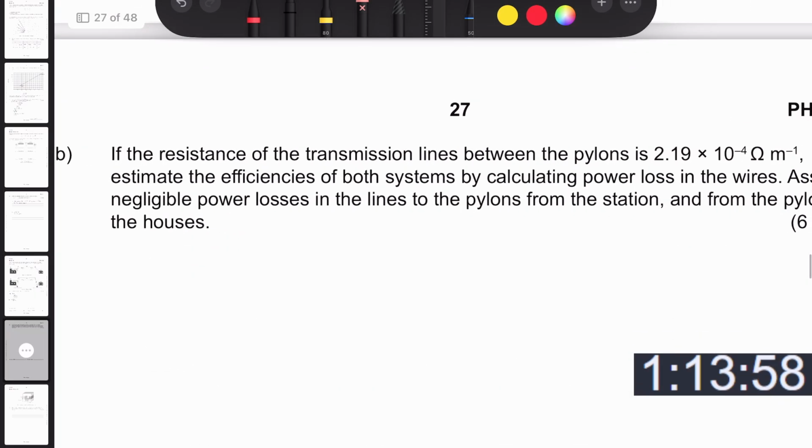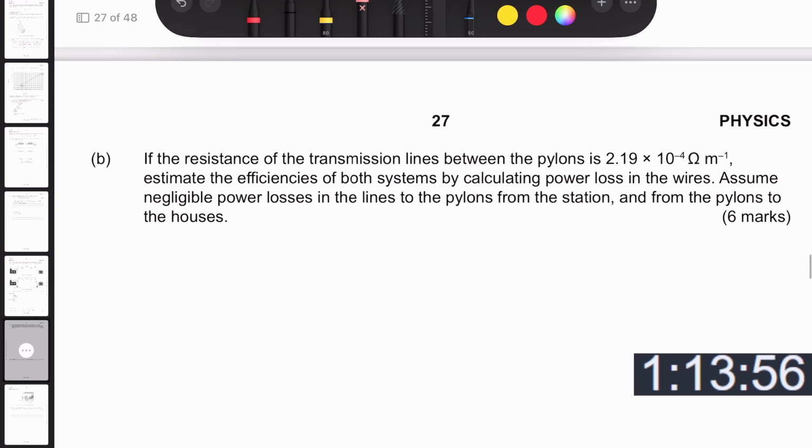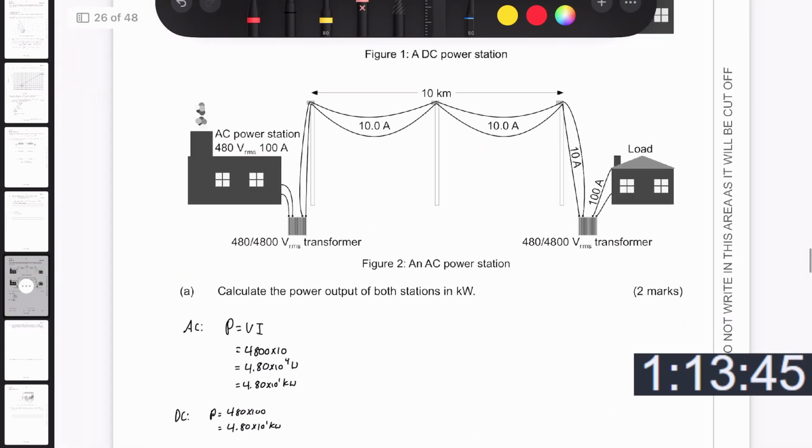If the resistance in the transmission line between the pylons is that, estimate the efficiencies of both systems by calculating power loss in the wires. Assume negligible power loss in the lines from the station and from the pylons to the houses.